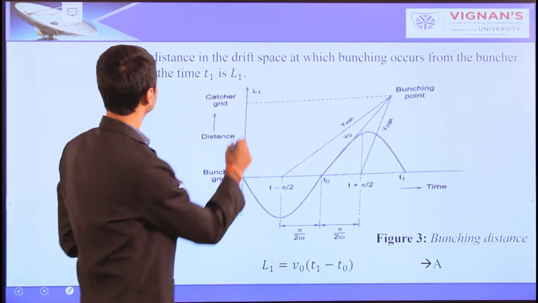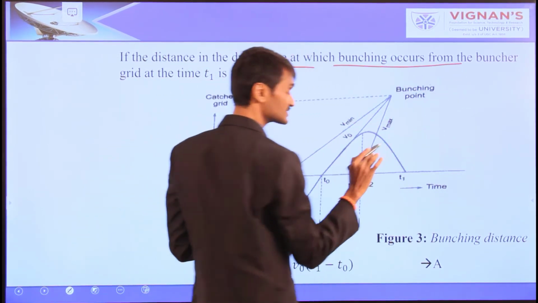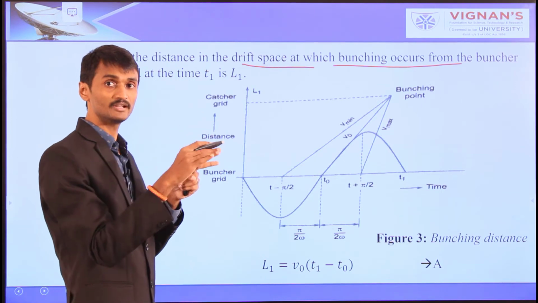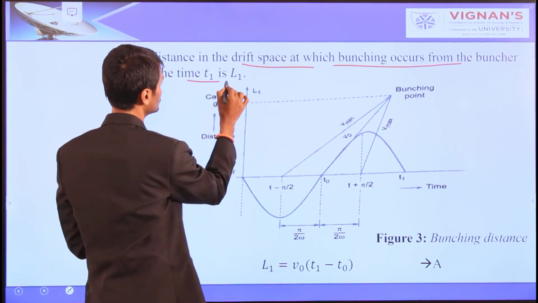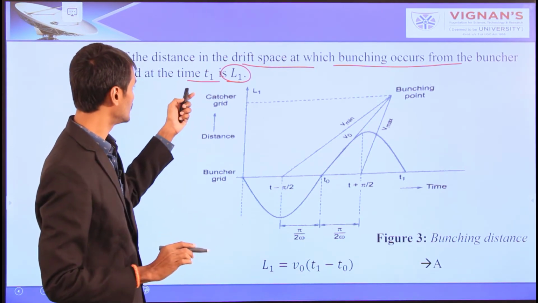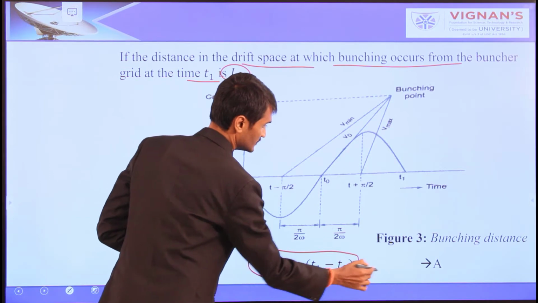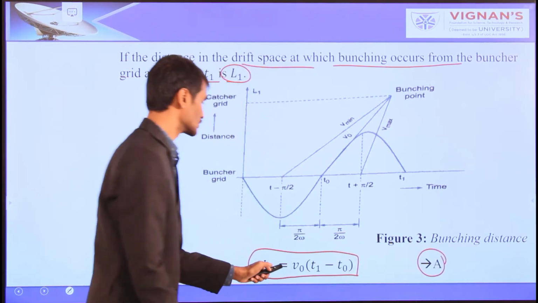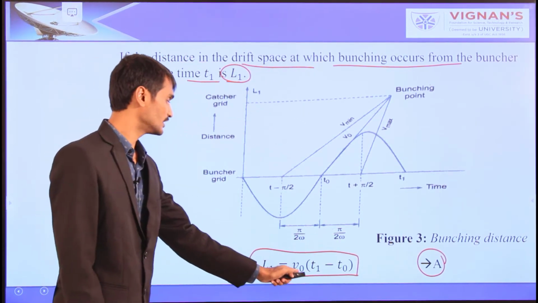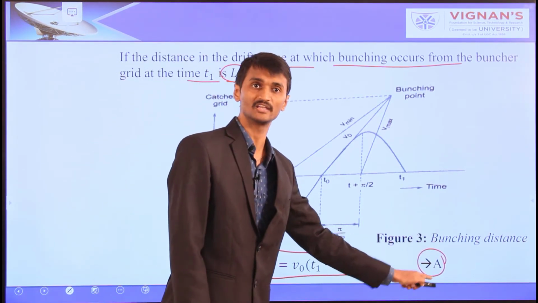So L1 is nothing but V0 into (t1 minus t0). This is the main equation. So L1 is equal to V0 into (t1 minus t0). That will be considered as equation A.